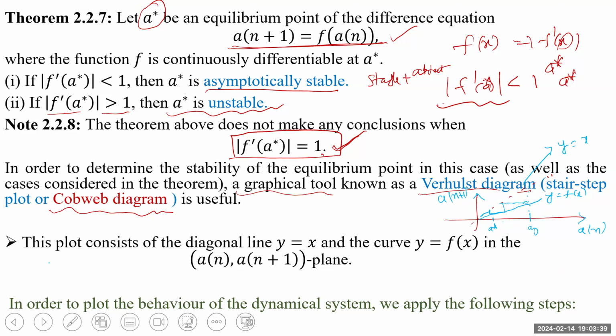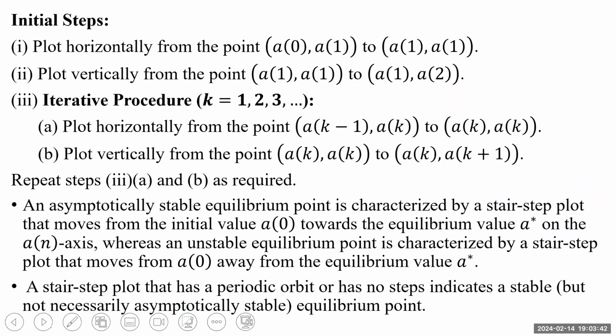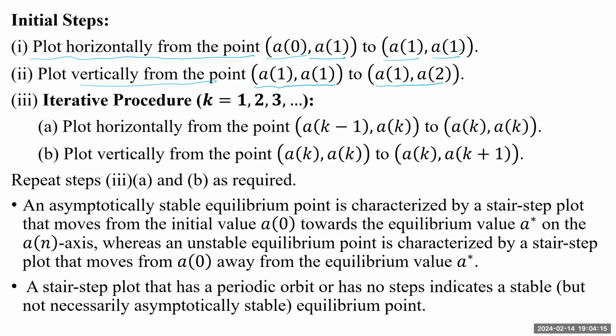For example, the steps are these. First, we need to draw the plot horizontally from the point A of 0, comma A of n, to A of 1, comma A of 1. That is a horizontal line. After getting A1, you have to draw the vertical line from the point A of 1, A of 1 to A of 1, comma A of 2.